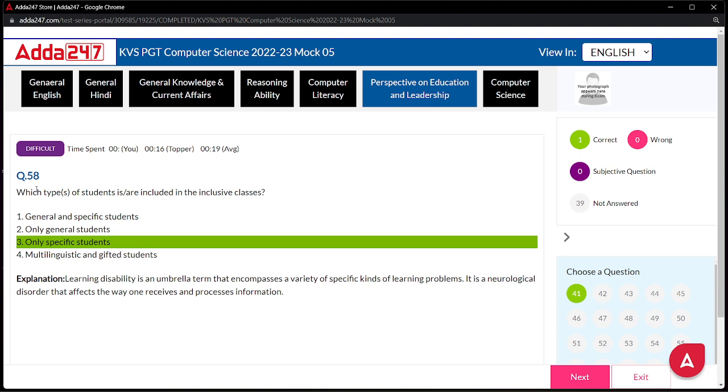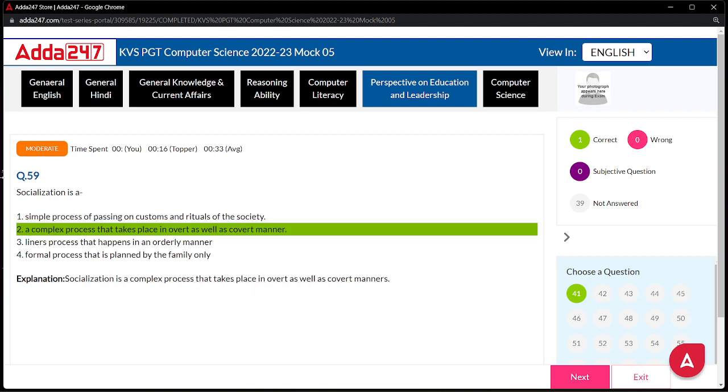Next question, which type of students are included in inclusive education? Only specific students are included in inclusive education, an umbrella term where a variety of specific kinds of learners are included with normal children.